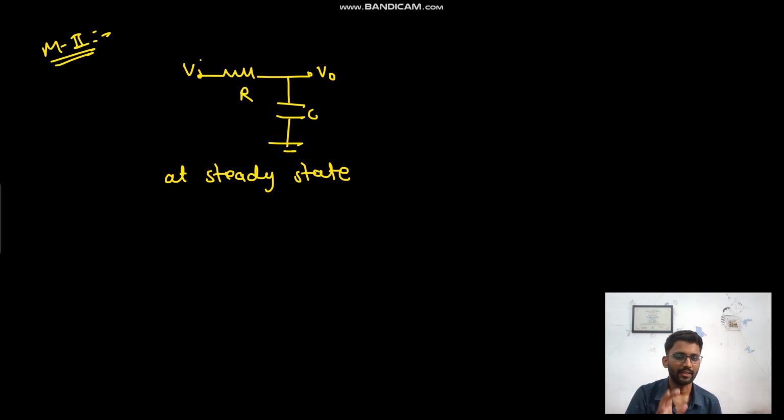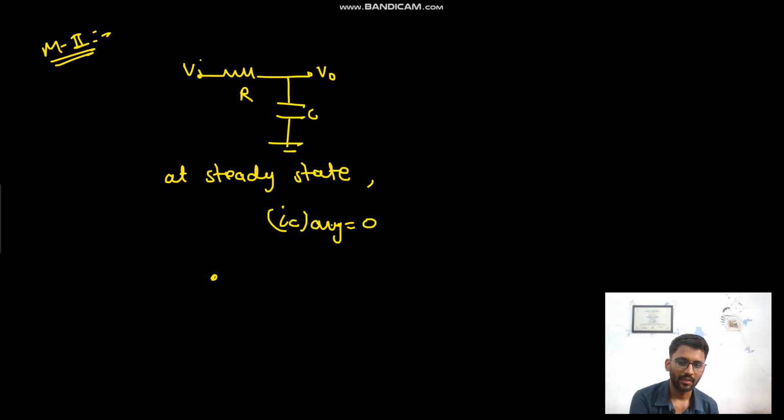So the average capacitor current should be 0. The average current flowing through the capacitor should be 0. You won't say the capacitor will be open circuited. You will say the average capacitor current should be 0 at steady state. Why so? Because there should be no charging and no discharging. That's why the average capacitor current should be 0.